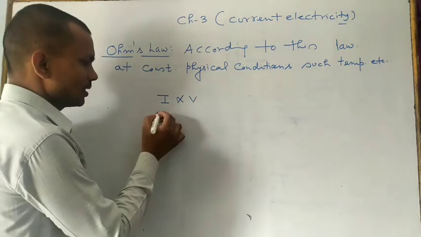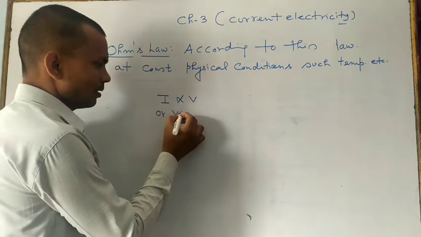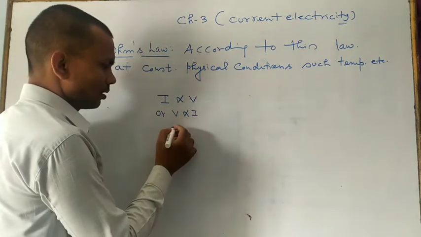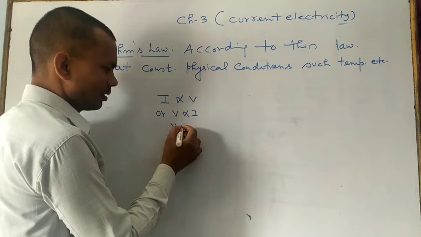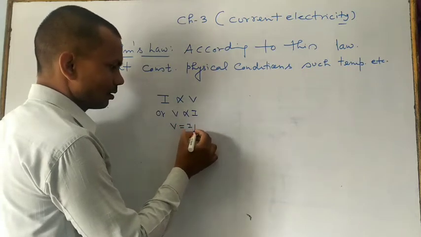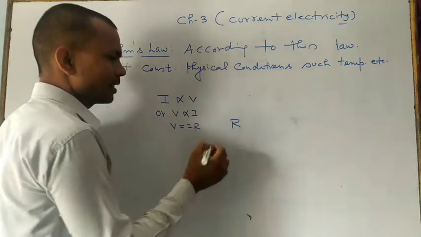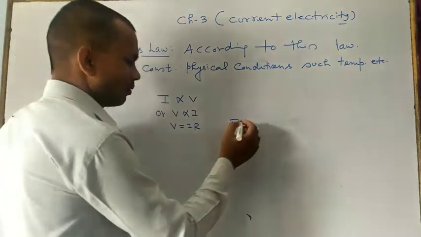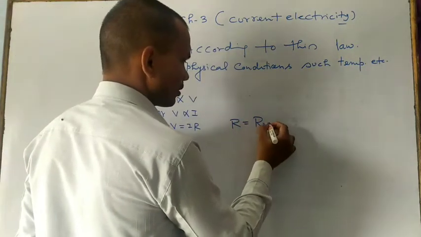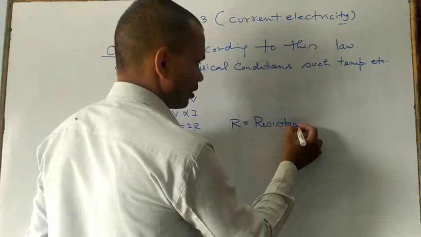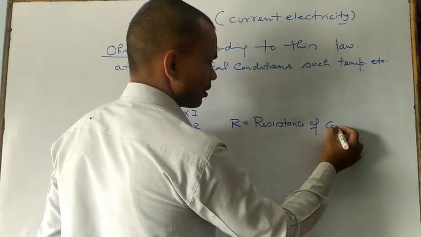Or we can say that V is directly proportional to I, or V equals IR, where R is the proportionality constant, and that is known as what? This is the resistance of a conductor.